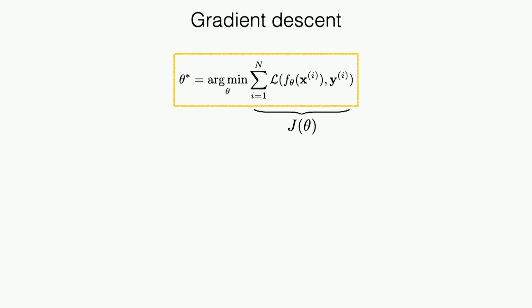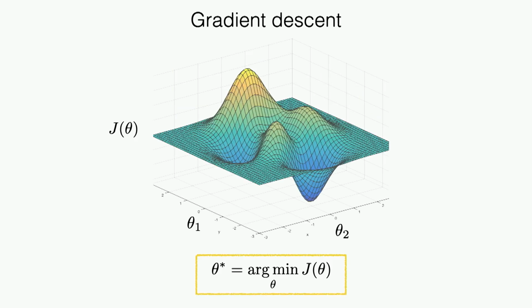So a slightly better idea is to intelligently fiddle with the parameters, not just randomly, and that's the idea of gradient descent. We will take this objective, which measures our prediction error, and as long as that is a differentiable function, we can call it j, and we can take the gradient of that function.